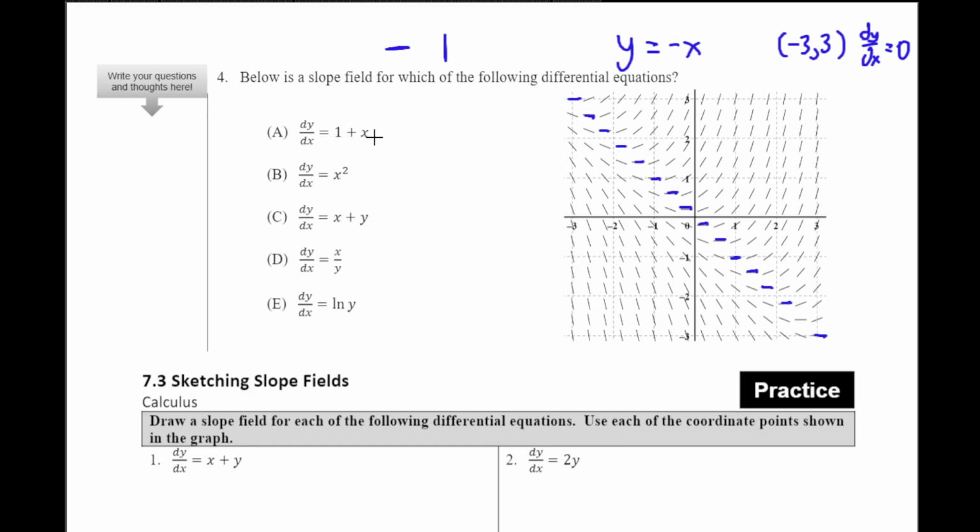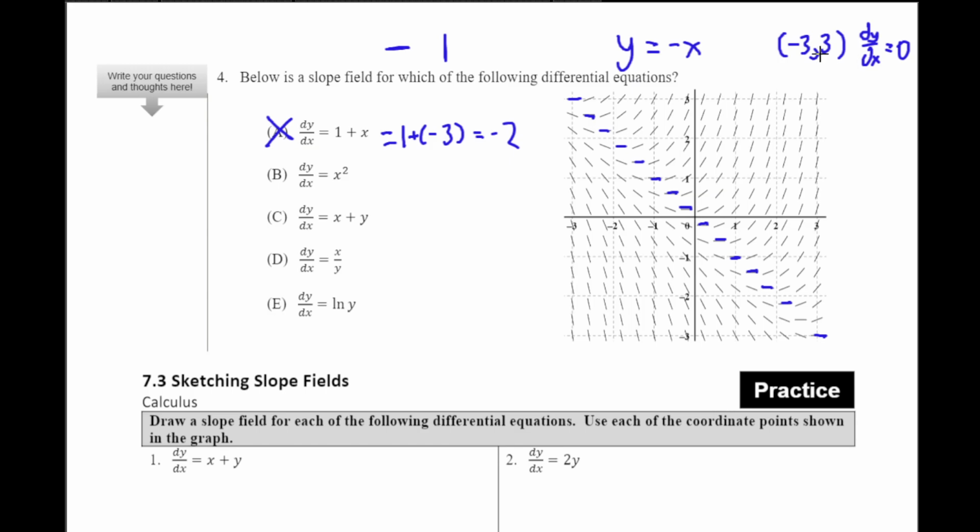So for A, right, if I plugged in x is negative 3, that's 1 plus negative 3, that's negative 2. So we know, well, that's clearly not a slope of negative 2, so A is wrong. Even if you look at this one too, if x is negative 1, whenever x is negative 1, the slope, the hash mark should be horizontal, but clearly in the graph you see it's not.